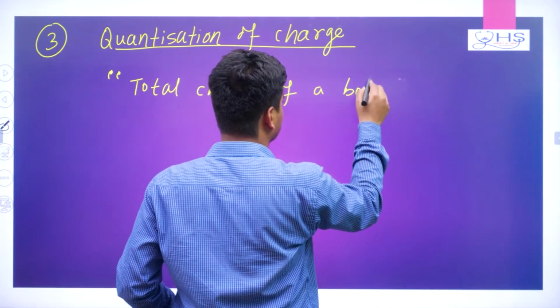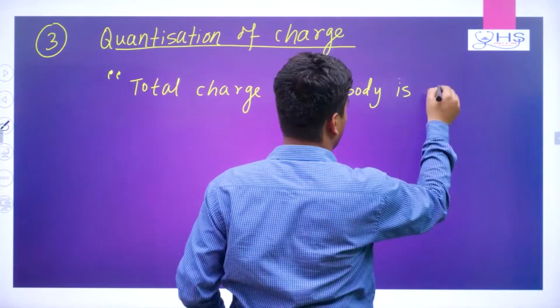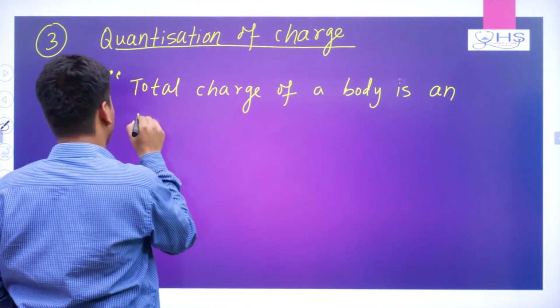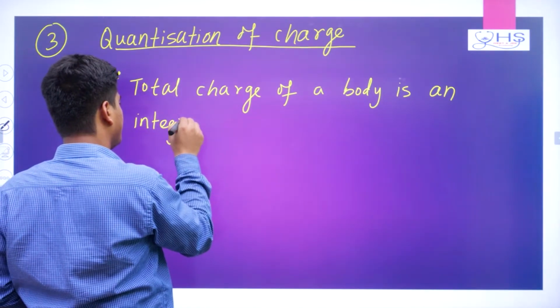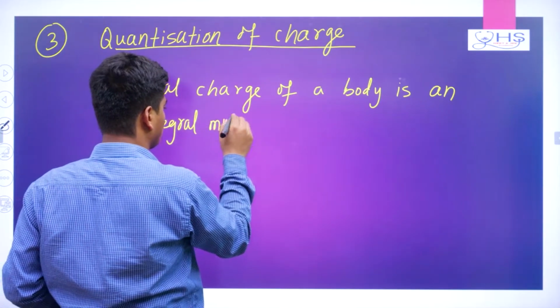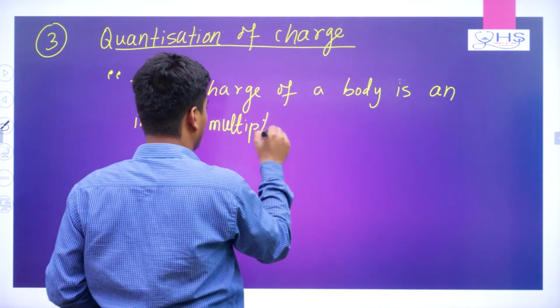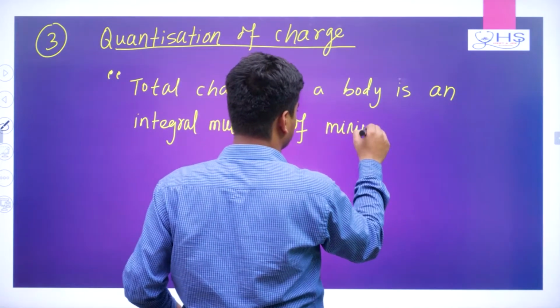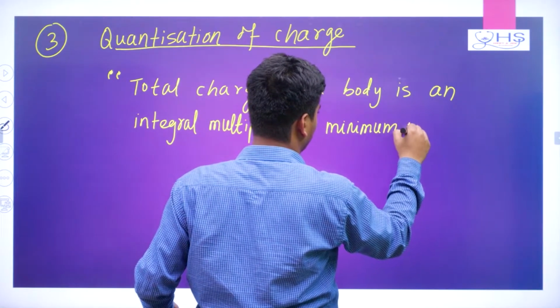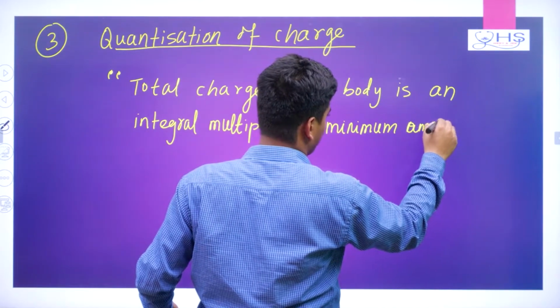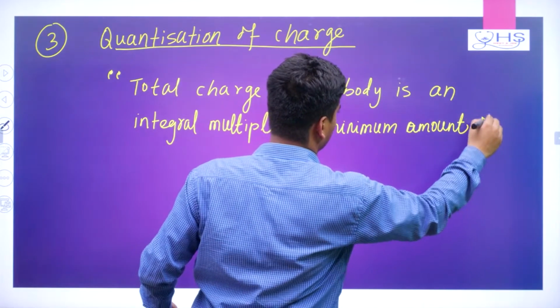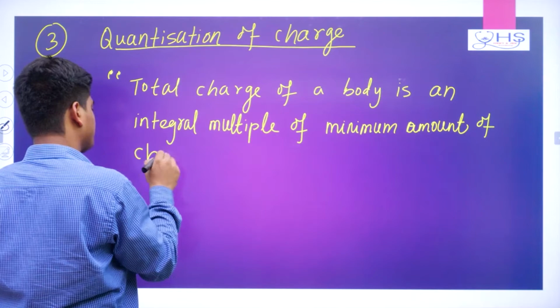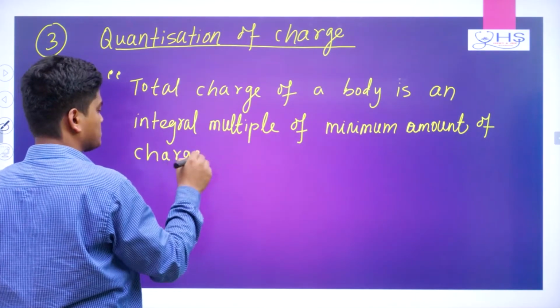or object is an integral multiple of the minimum amount of charge, e.